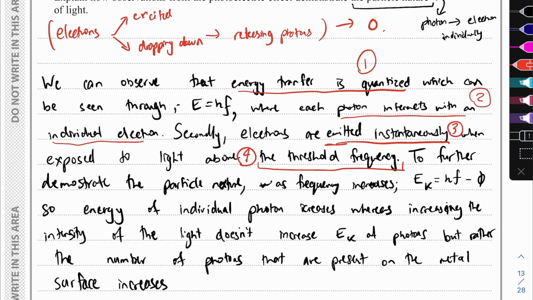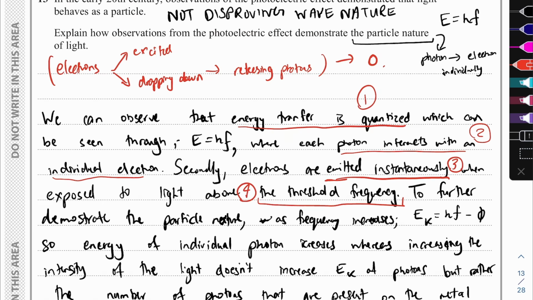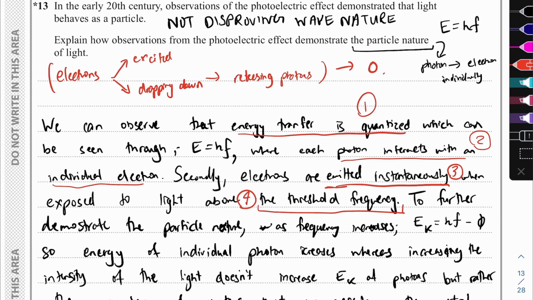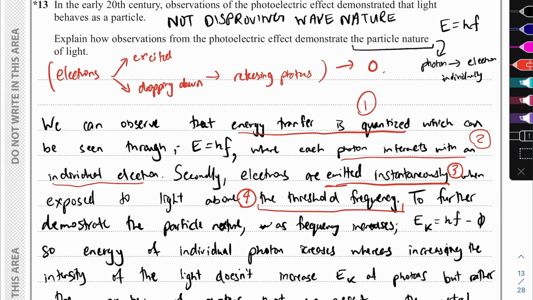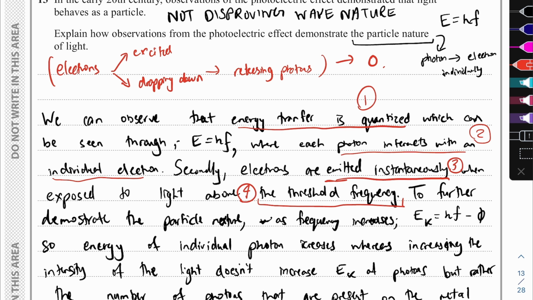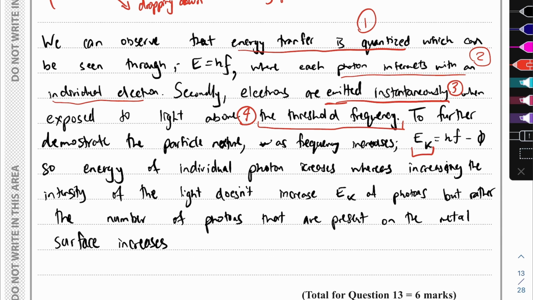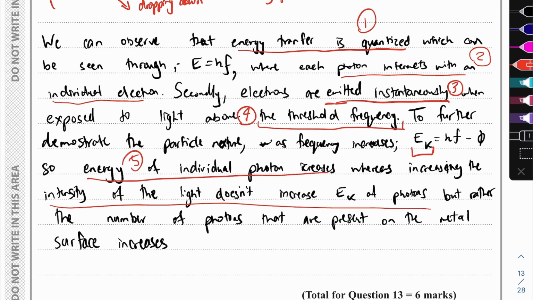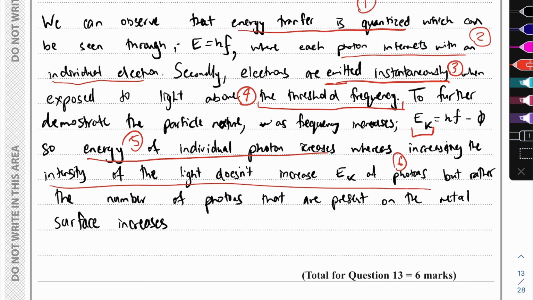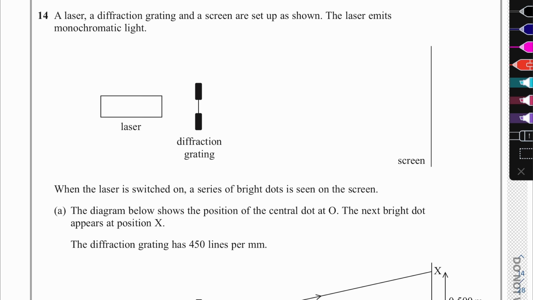That's our fourth point. Then to further demonstrate, we mentioned that if the frequency increases, EK increases, but when we increase the intensity of the light, nothing happens. So that's our fifth, and sixth for mentioning that it doesn't change anything when we increase the intensity of light.